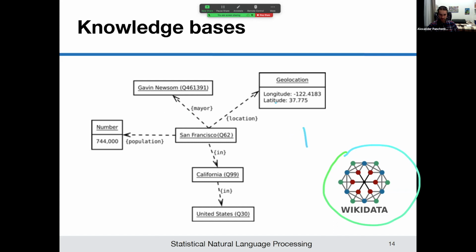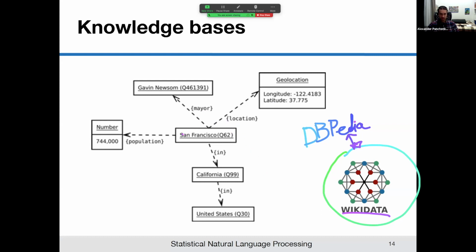So you have this project called DBpedia, which is more or less equivalent in the idea to what Wikidata does now, but it was created a bit earlier, and then Wikidata was like an official version of these efforts to create some kind of structured knowledge base out of the unstructured knowledge contained in Wikipedia.